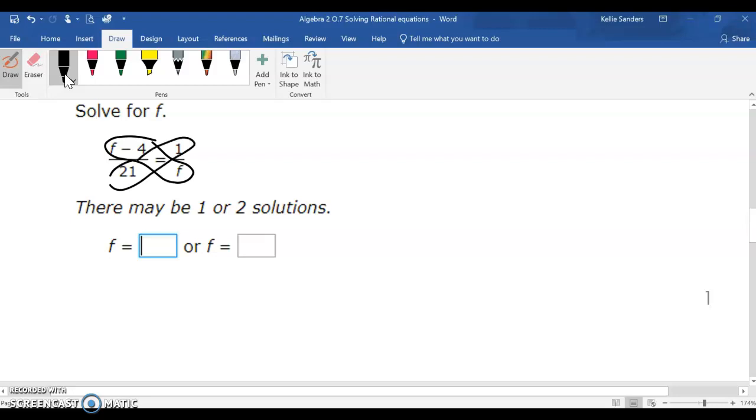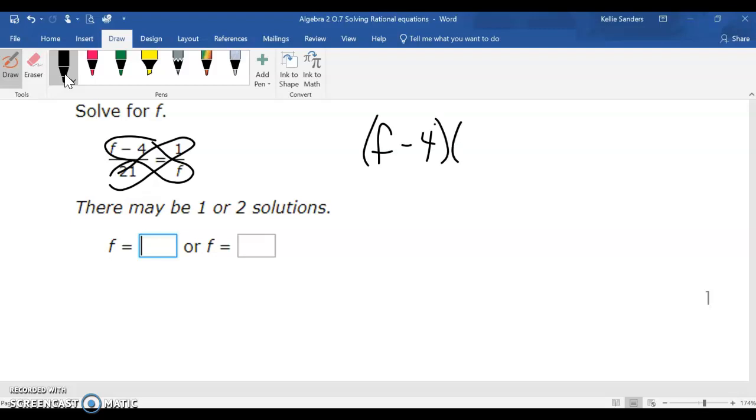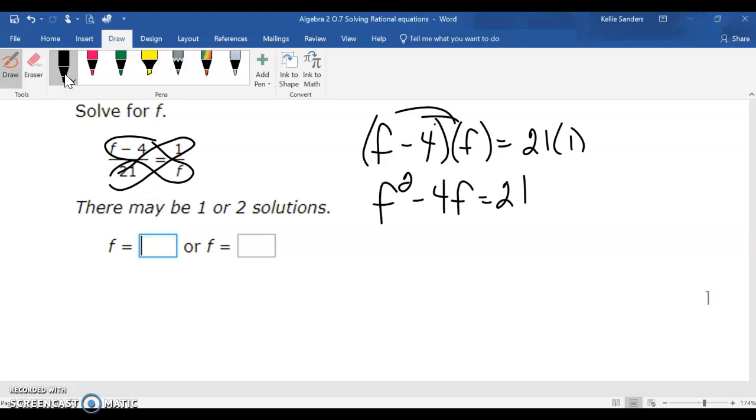Cross multiply. 4f minus 4 times f equals 21 times 1. Distribute. F squared minus 4f equals 21. Because we are left with an f squared, we will get 2 answers.